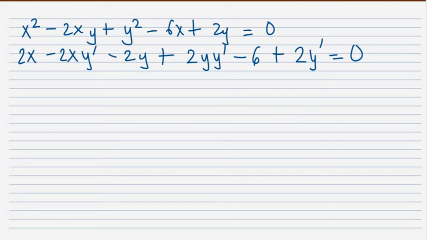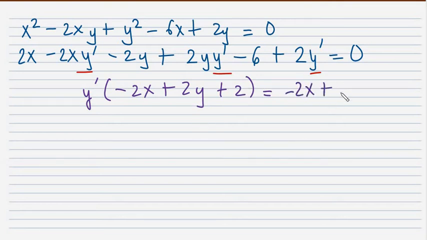So again, algebraically solve for y prime. We can factor out y prime from those three terms, and I will have negative 2x plus 2y plus 2. Then transpose the terms with no y prime, so minus 2x plus 2y plus 6.